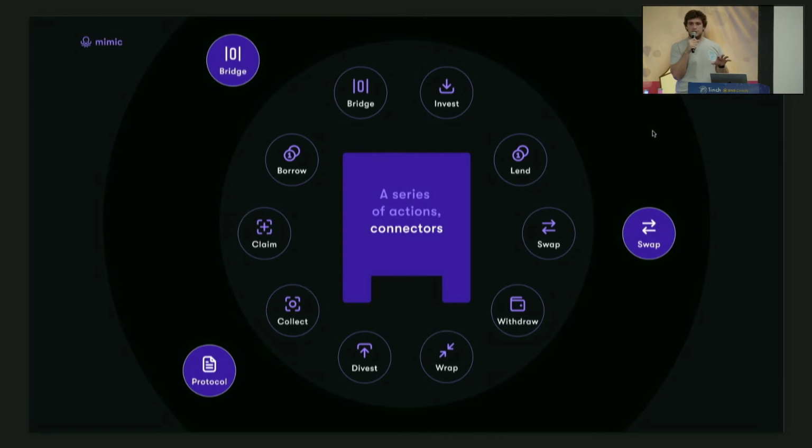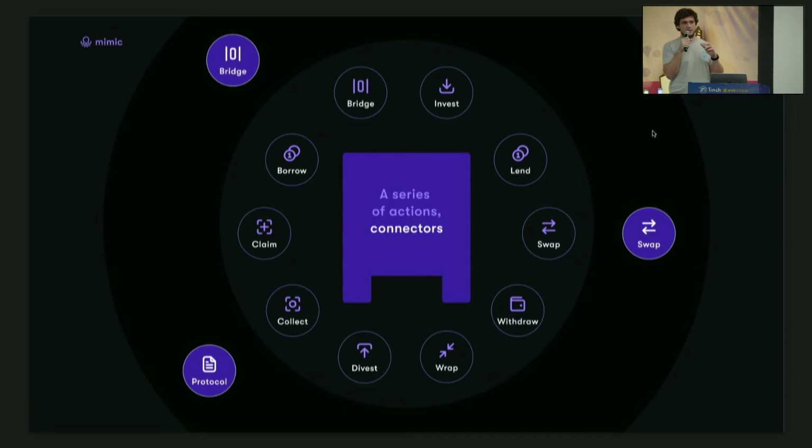There are certain actions that depend on more specific concepts, like swap, bridge, or any investing or borrowing action. It depends on the DeFi protocol you would like to interact with. So all these actions are modeled using what we call connectors.